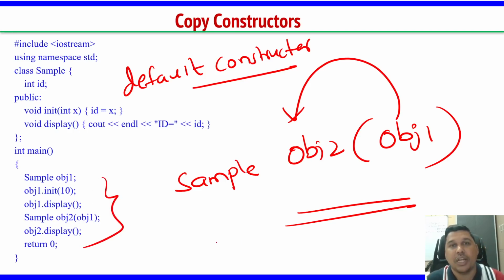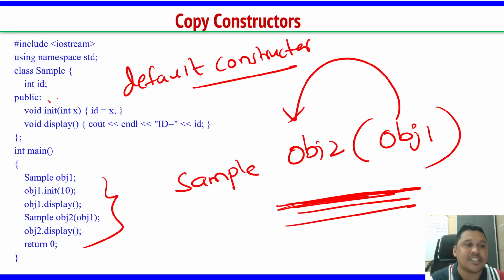With the default constructor which the compiler implicitly creates without our involvement, this copying is able to happen. So we need not define a constructor here.